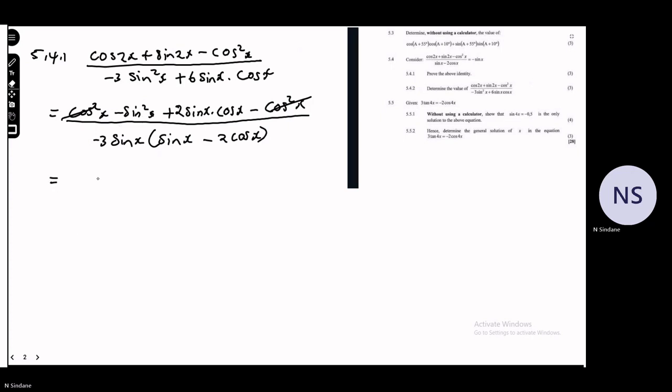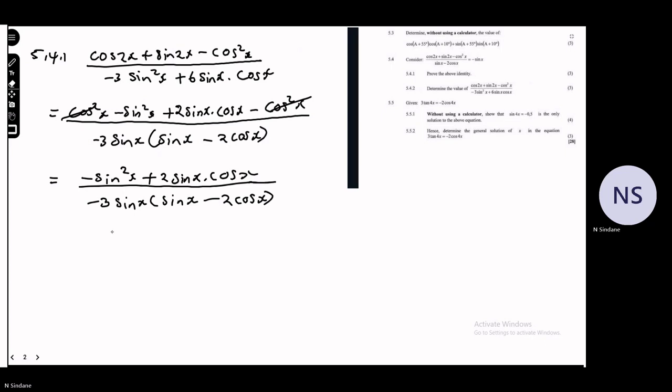So this will give us negative sine squared of x plus 2 sine x multiply cos x over negative 3 sine x into sine x minus 2 cos x.